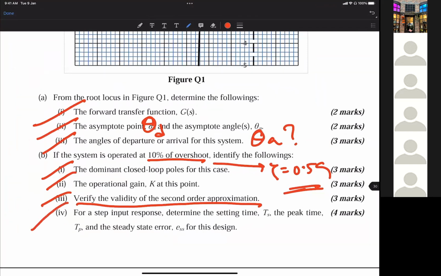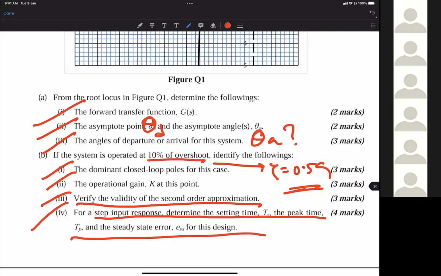Then the last one, for the step input response, determine the settling time, peak time, and steady state error. It's very easy, straightforward.